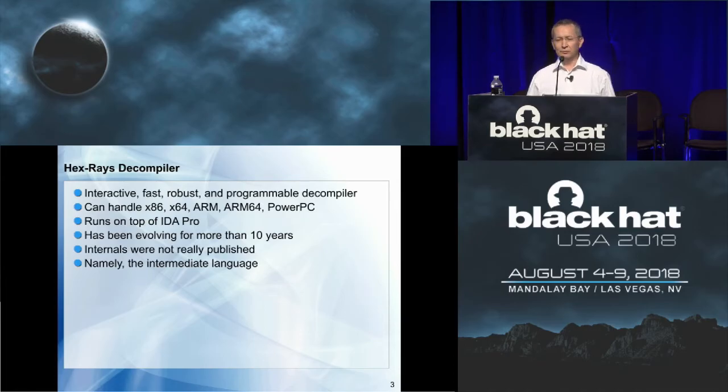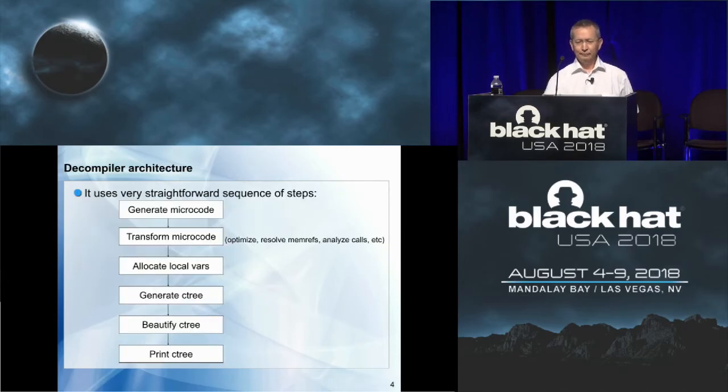The decompiler runs on top of IDA Pro, and the internals were never really published. So if you wanted to play with the decompiler, you could do so on a high level, but the intermediate language was never documented. And this talk will show you a bit and tell you about this, the microcode.